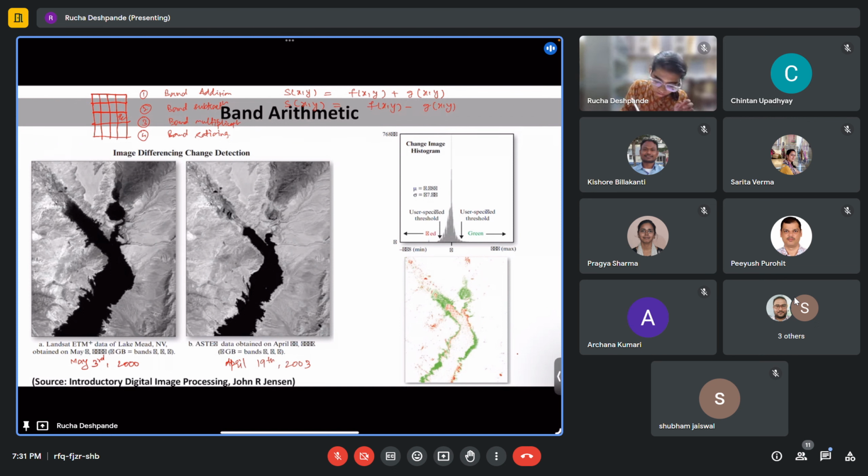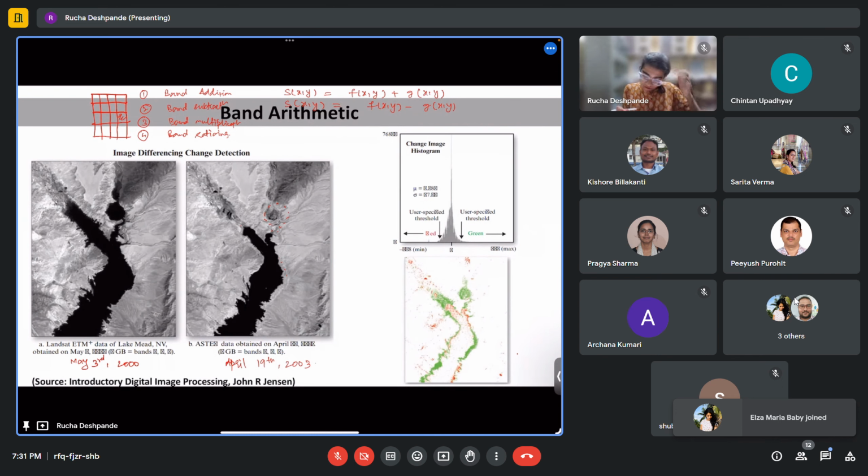So the water in this area has changed to barren land, and here also there has been some change, and here also we see that there is some change, right?